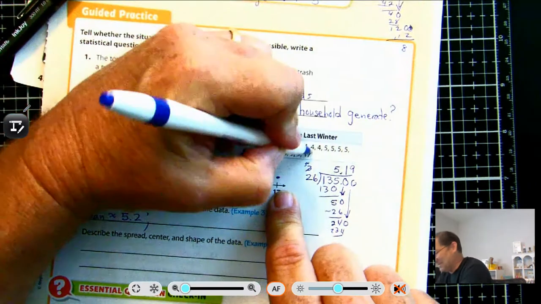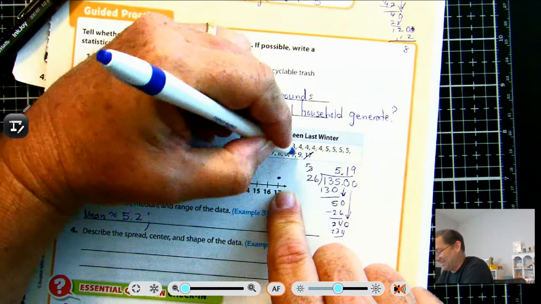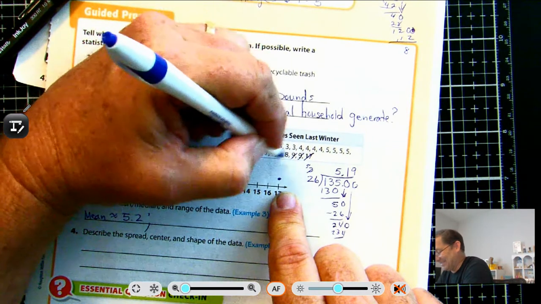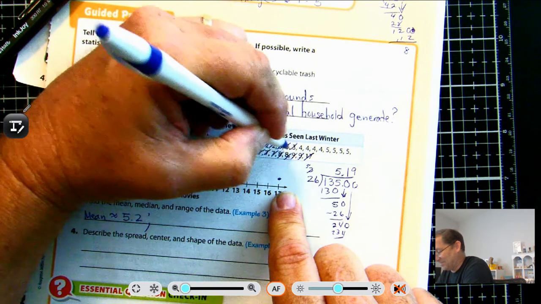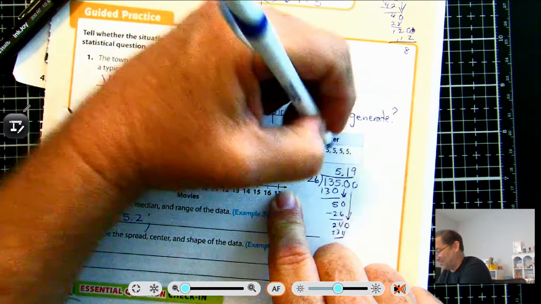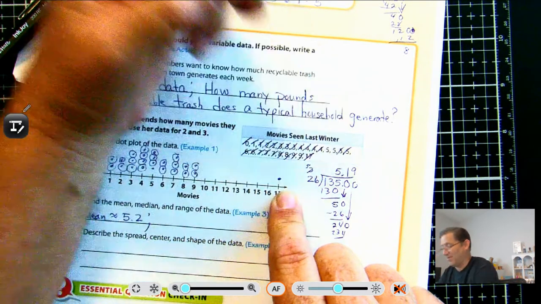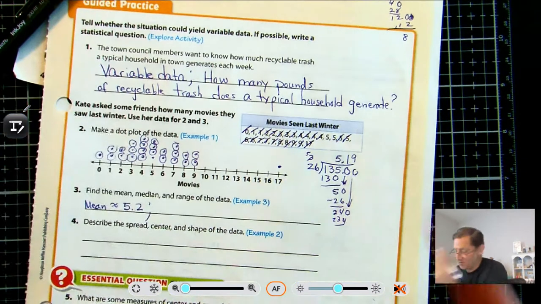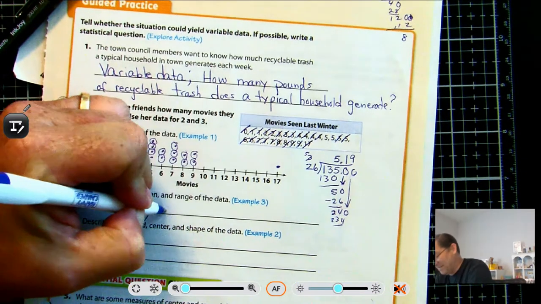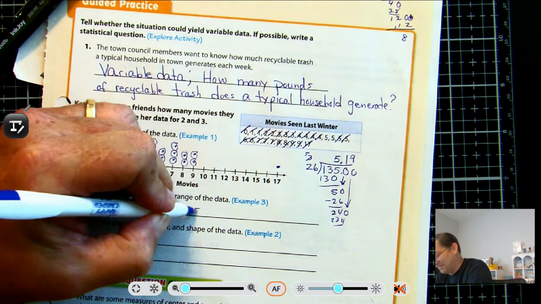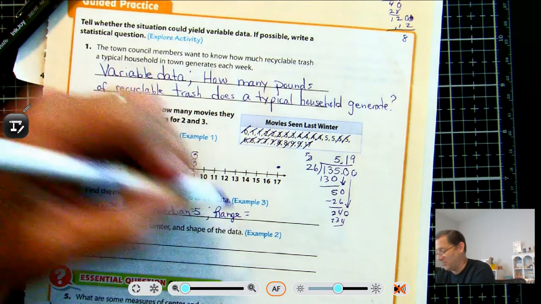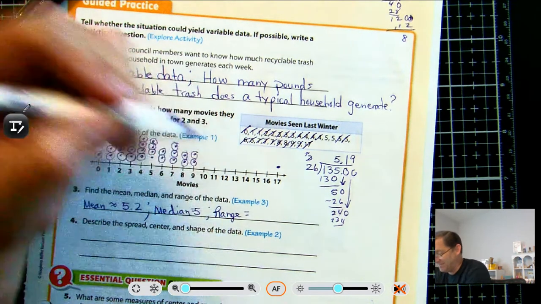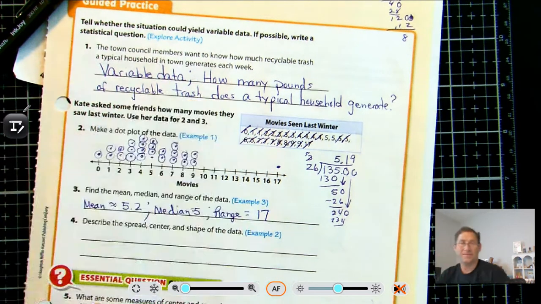So let's do this. Cross off from the ends. All right, and so we have 2 5s left in the middle, so the median is 5. And the range is 17 minus 0, so 17.